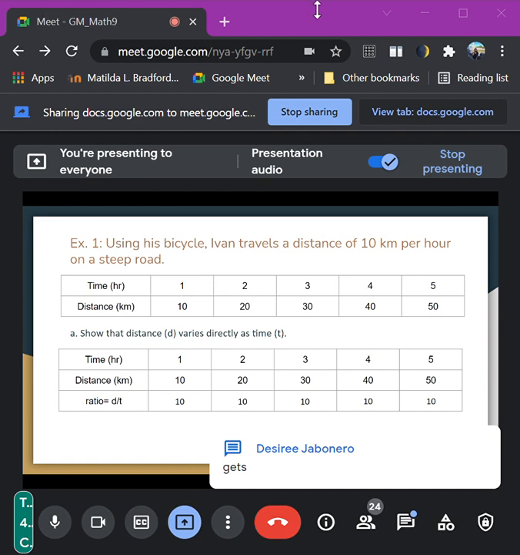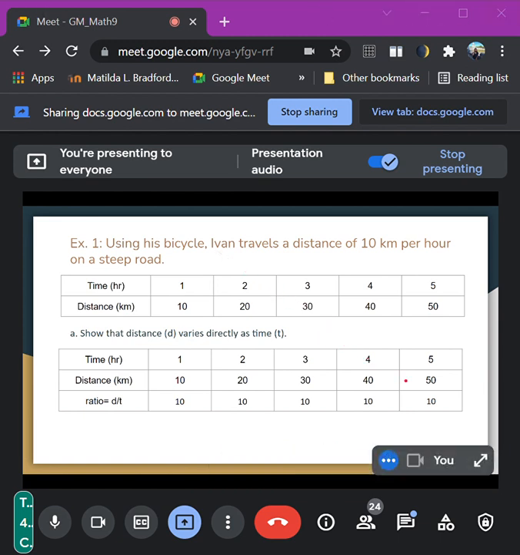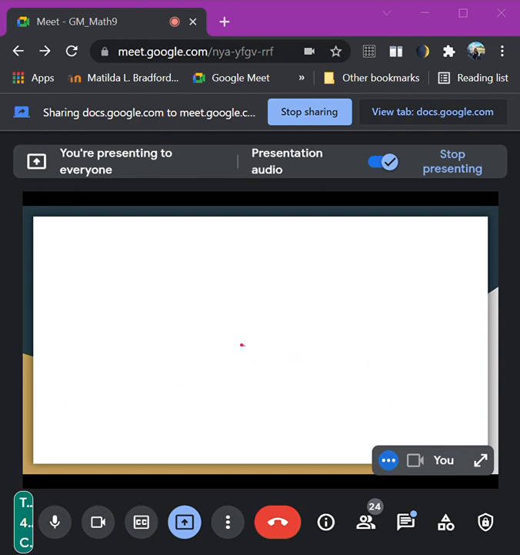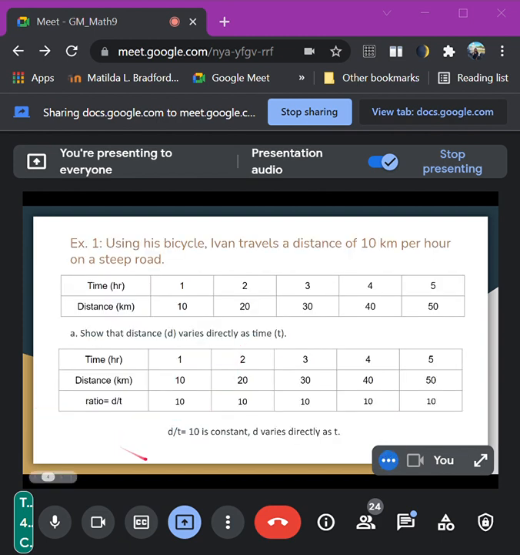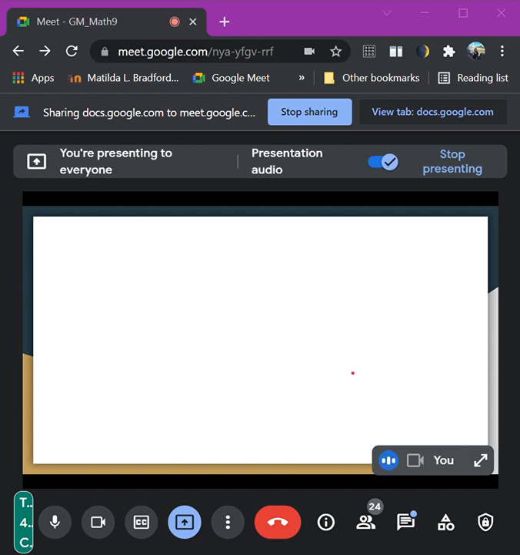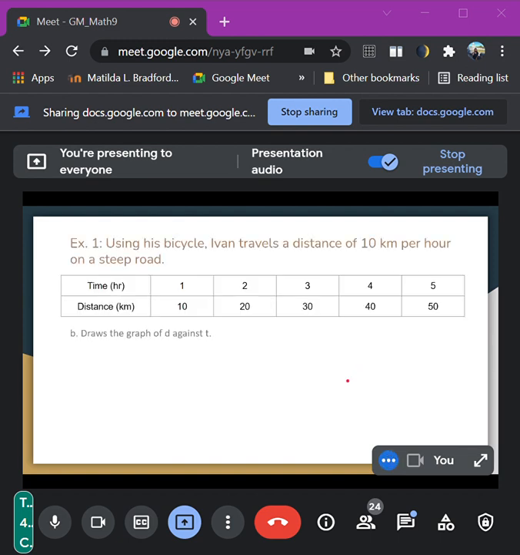So now, class, let's answer letter B. Na dedere. You have there D over T is equals to 10, which is constant, and then D varies directly as T. Basta constant iyahang ratio. Now, let's go to letter B, class. We are going to draw the graph of D against T. So how are we going to draw the graph here?